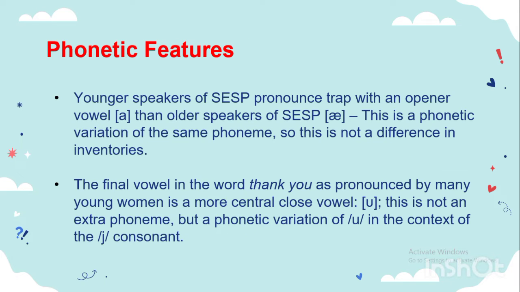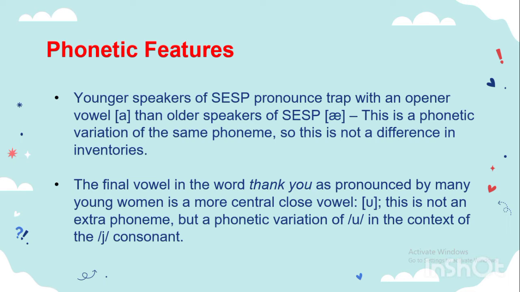Then, phonetic features. One accent might also differ from another in phonetic features. Younger speakers of SESP pronounce the word trap with a more open vowel than older speakers of SESP, who tend to pronounce it closer to e.